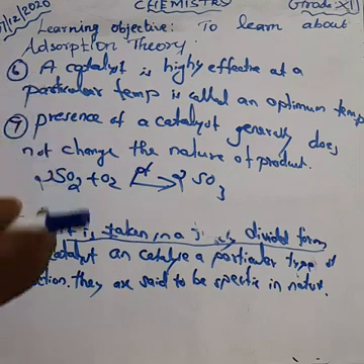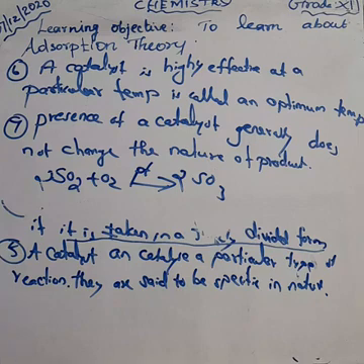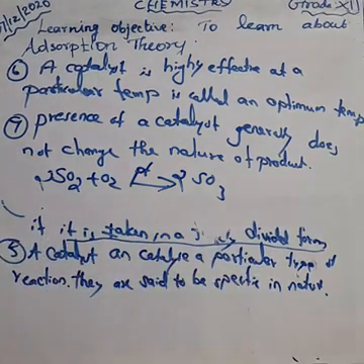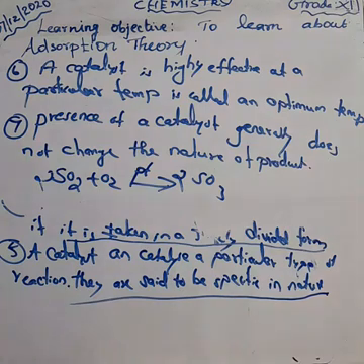Suppose the reaction is going at a slow rate, when we add a catalyst, the reaction goes fast. A solid catalyst will be more effective if it is taken in a finely divided, finely powdered form. A catalyst for a particular type of reaction is said to be specific in nature. Don't forget that.